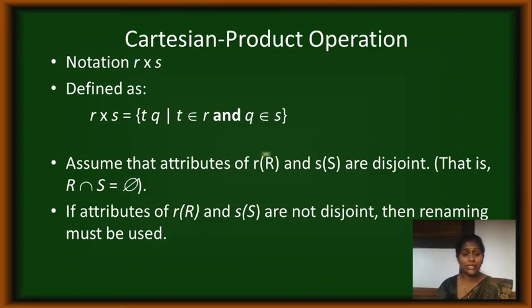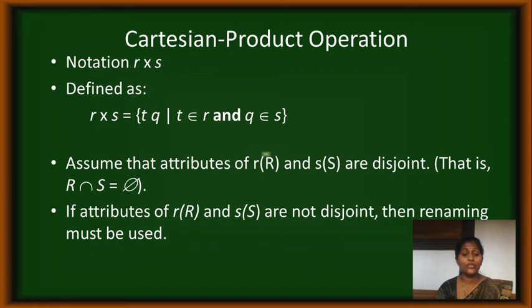It can be noted as R into S equal to the tuples t and q, where t belongs to R and q belongs to S. We take both the elements, and that is the Cartesian product.